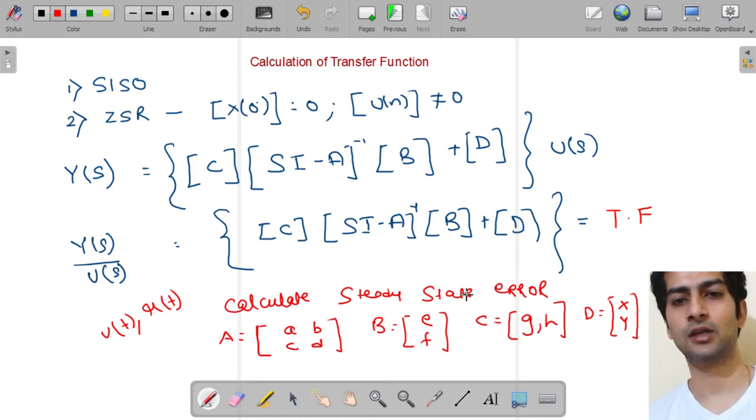From all this, I will first find a transfer function, which will be the closed loop transfer function, and then I will bring it into the open loop transfer function. I have shown you how we can convert closed loop transfer function to open loop transfer function in my previous lectures. You can refer to those, and then we can easily find steady state error based on all these inputs.